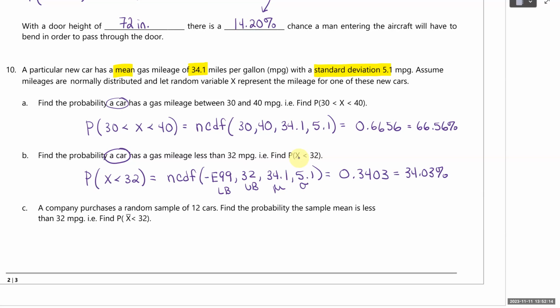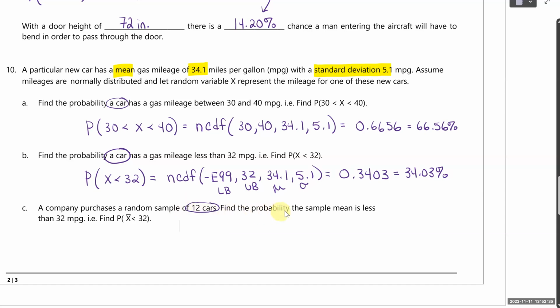Now on part C, it says a company purchases a random sample of 12 cars. So before we had a singular car that we were interested in, and now we're going to be looking for probability concerning a sample of cars.